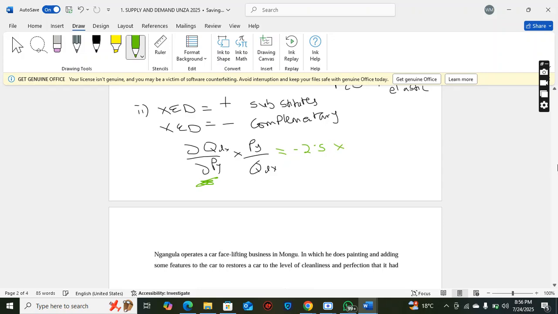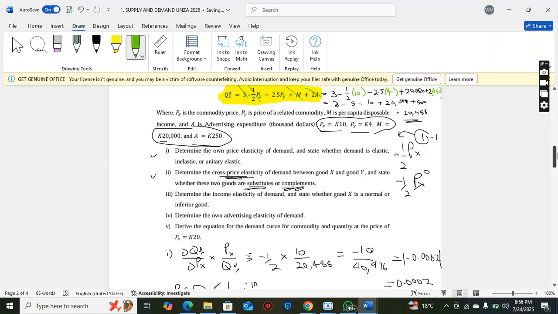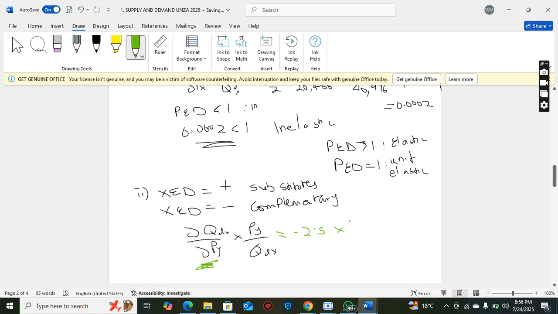Multiplied by the price of good Y. Py we said was 4 kwacha, over 20,488. So we're going to say negative 2.5 times 4, that's negative 10. So again, we get negative 10 over 20,488.